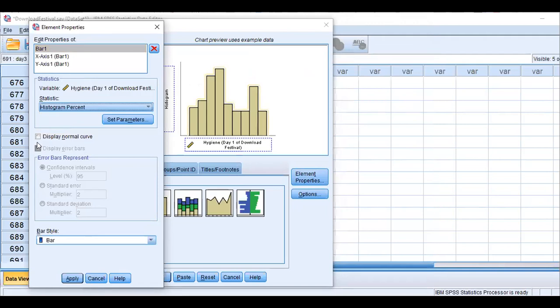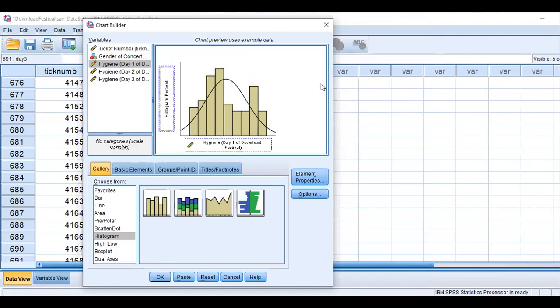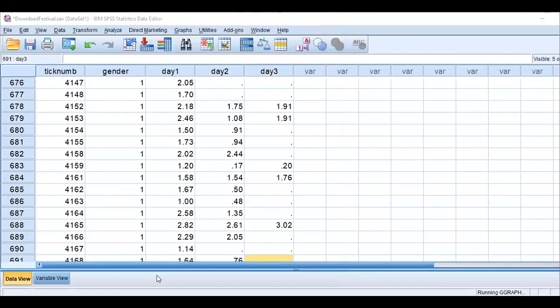I will superimpose the normal curve and apply, and then close. So I will make the graphs. Here I can see my graph, and then okay. So we can see our graph. This is my graph.